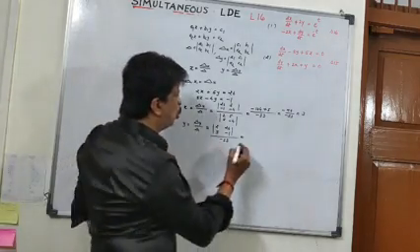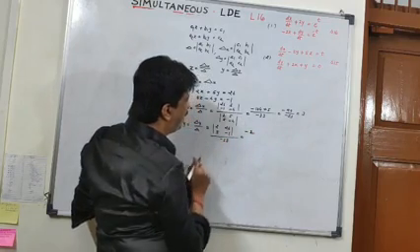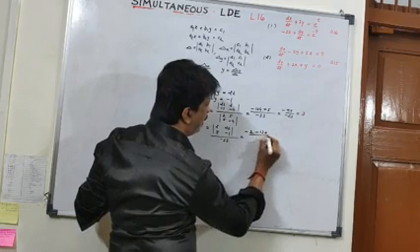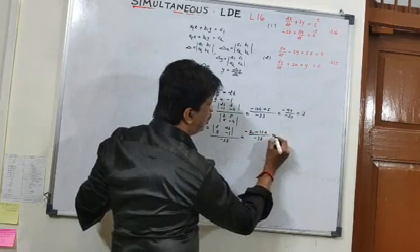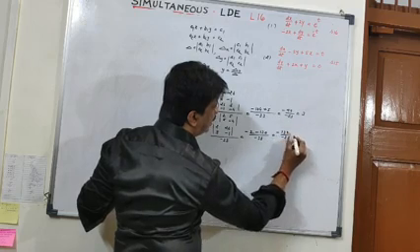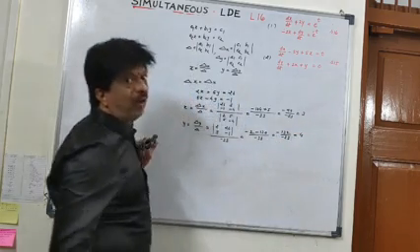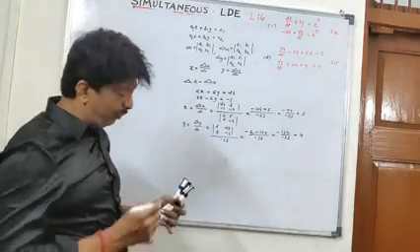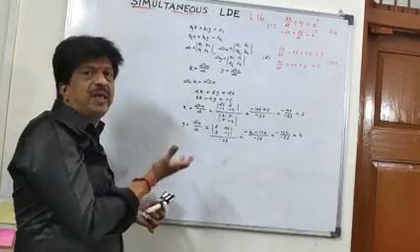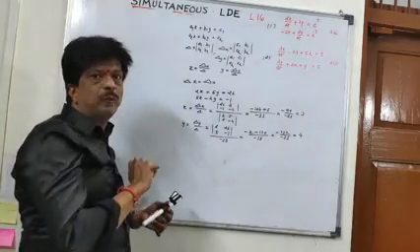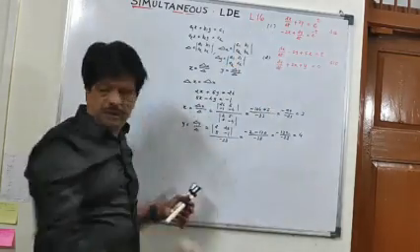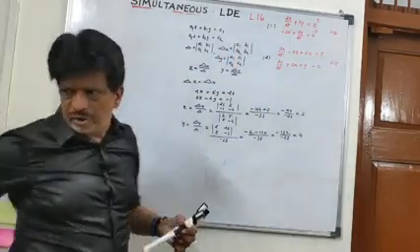So it is minus 2 minus 26 into 5, it is minus 130, so minus 132 upon minus 33. So it is 4. So the values of x and y, 3 and 4 respectively, can be very easily found by this Cramer's rule.